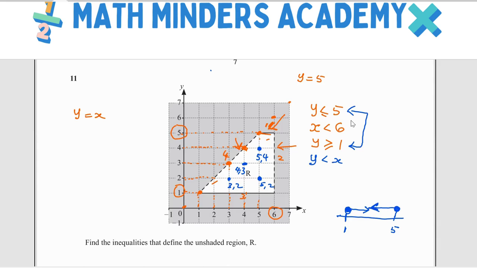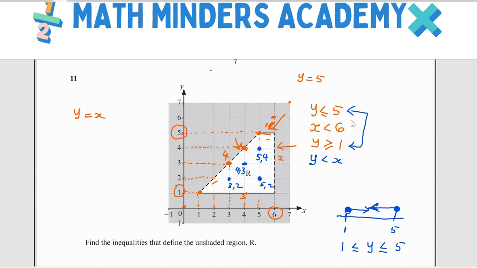So these inequalities can be joined together as 1 less than or equal to Y less than or equal to 5.